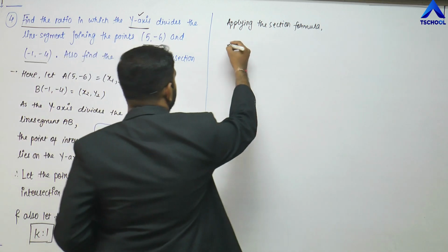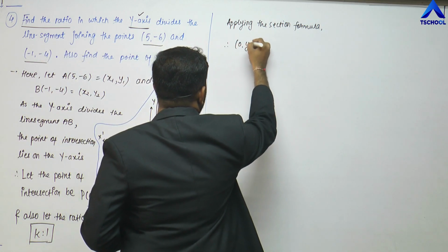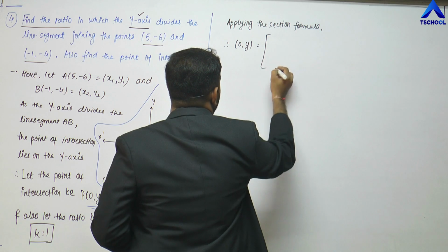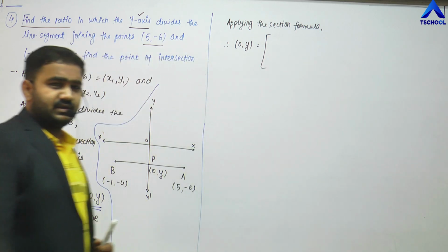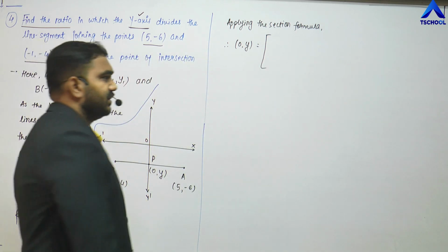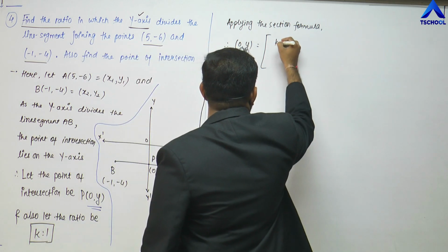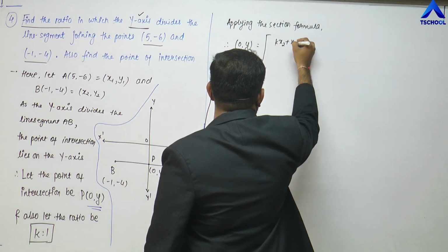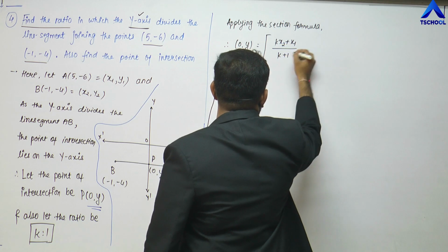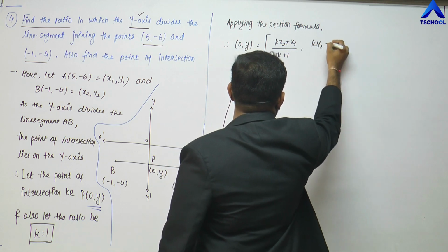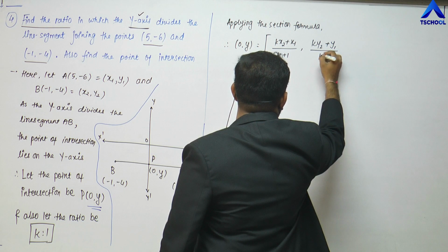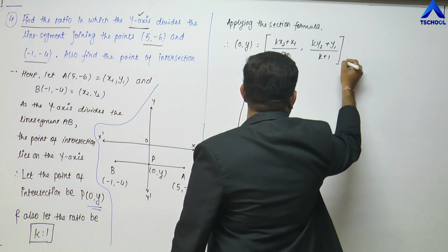Therefore (0, y) equals (k x2 plus x1) upon (k plus 1), comma (k y2 plus y1) upon (k plus 1).